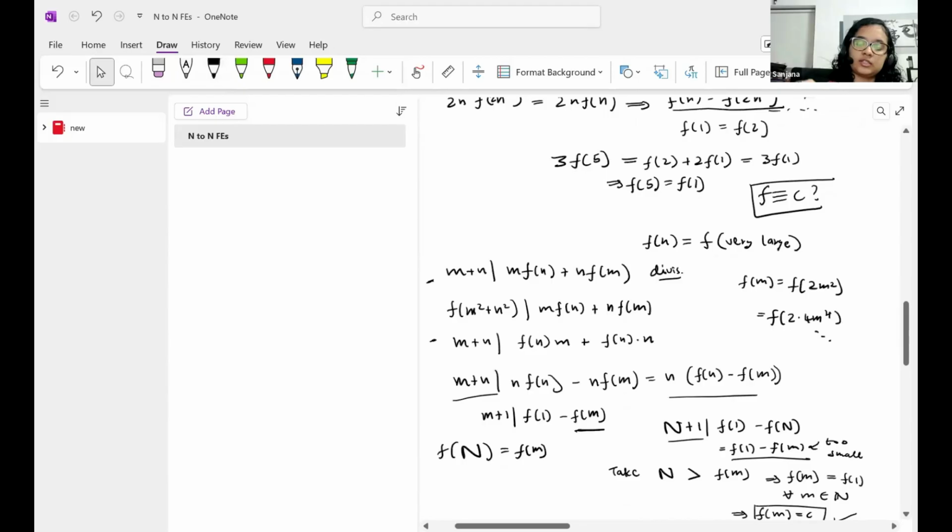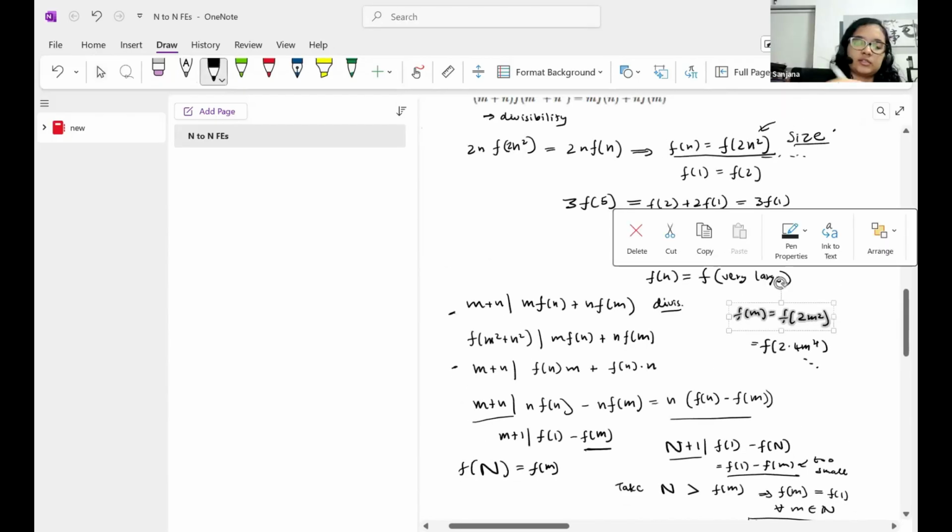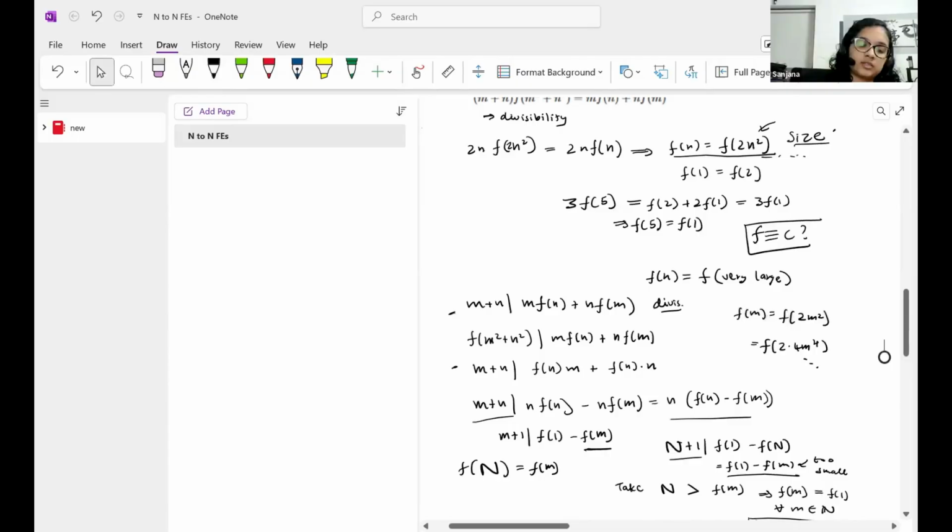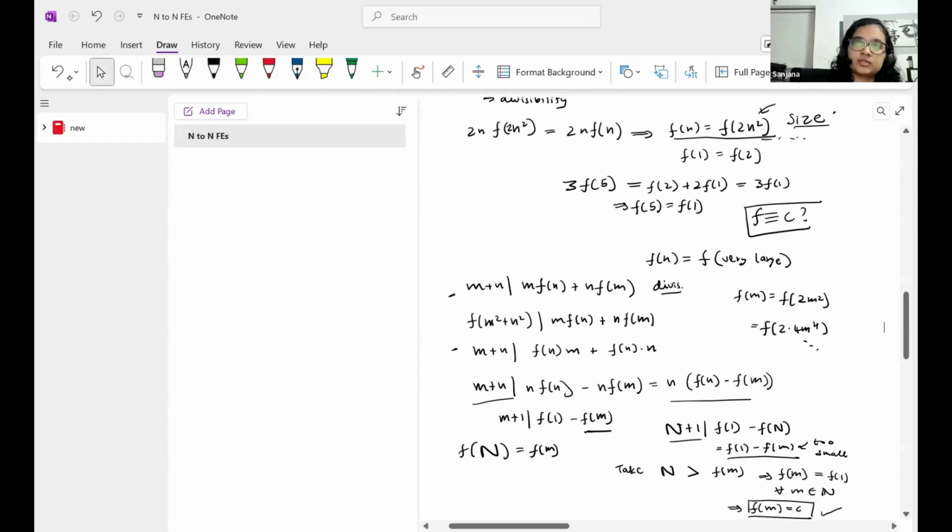First, we get that f of n can be equal to f of something arbitrarily large. And then we use the divisibility to manipulate and get to this point at which size just finishes. So if anyone has any questions, feel free to ask. Otherwise, we can move on.